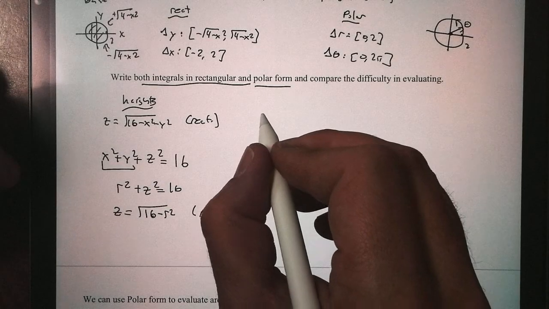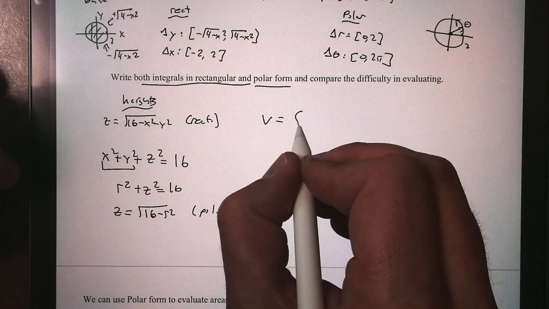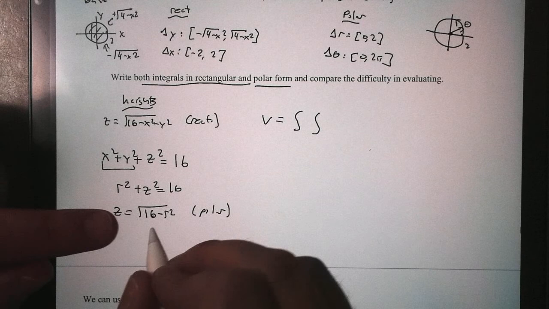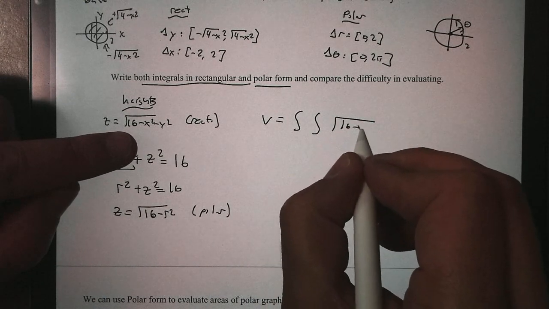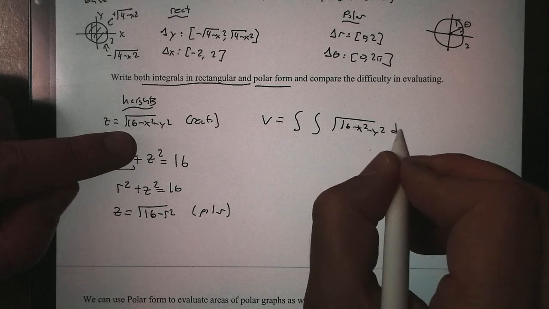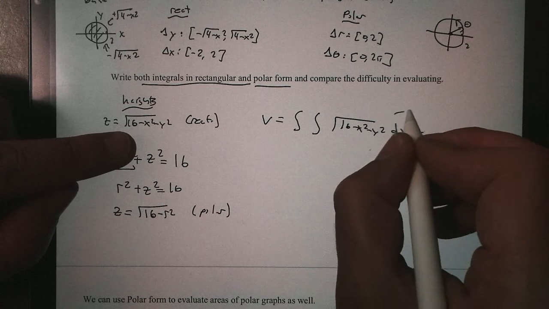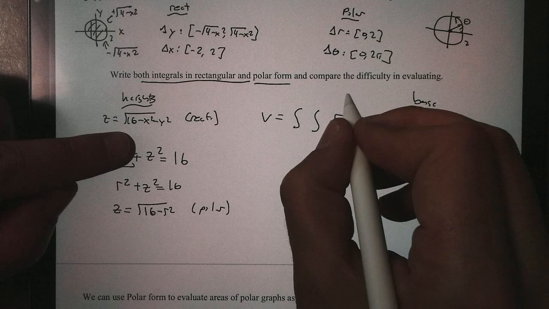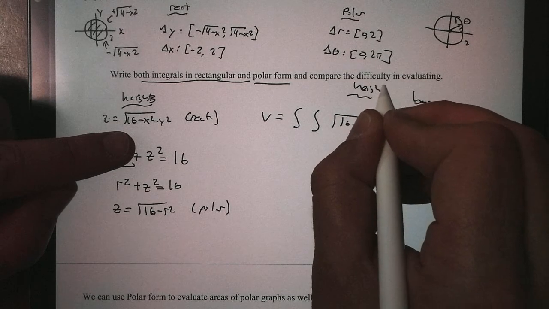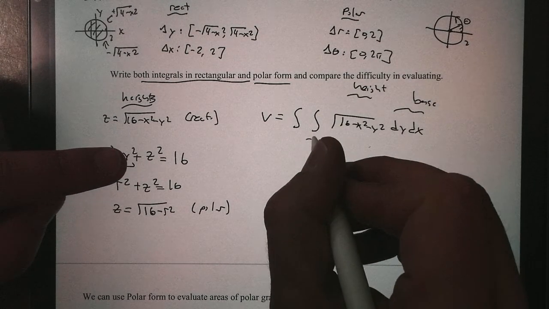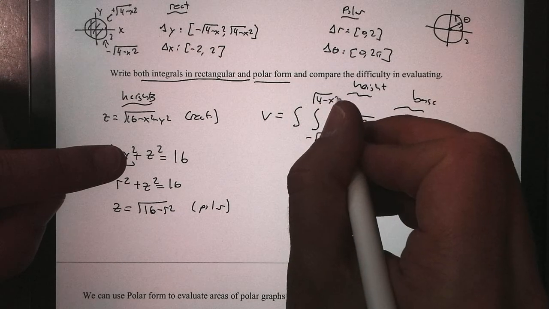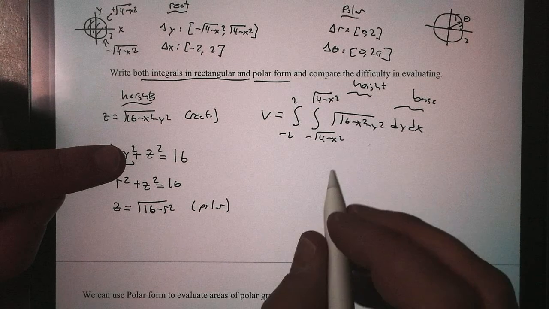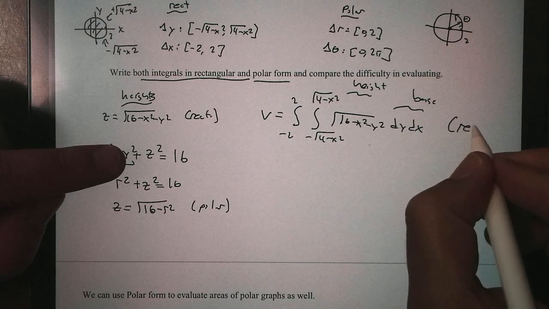So now let's write out our volumes. In rectangular form, my height, square root of 16 minus x squared minus y squared, dy dx, right? My base times my height, and don't forget my bounds, negative square root of 4 minus x squared, square root of 4 minus x squared, negative 2 to 2. That would be in rectangular form.